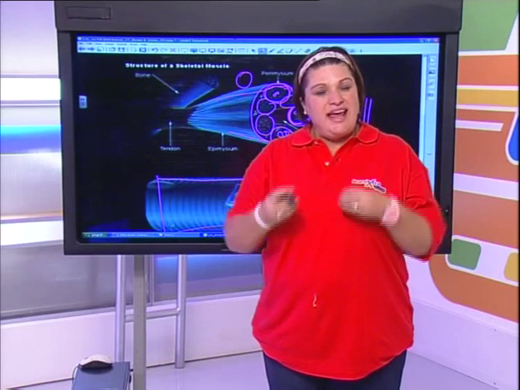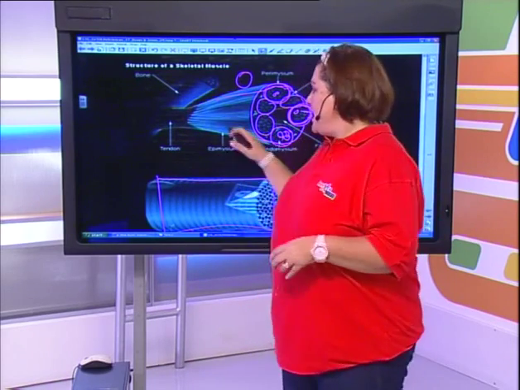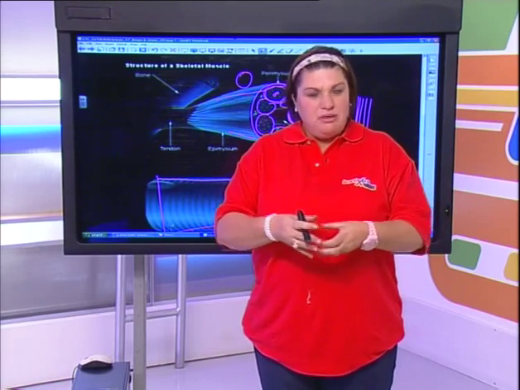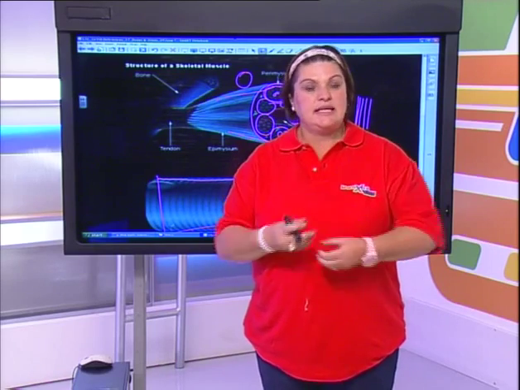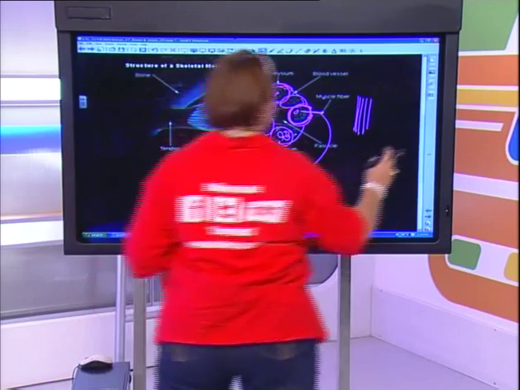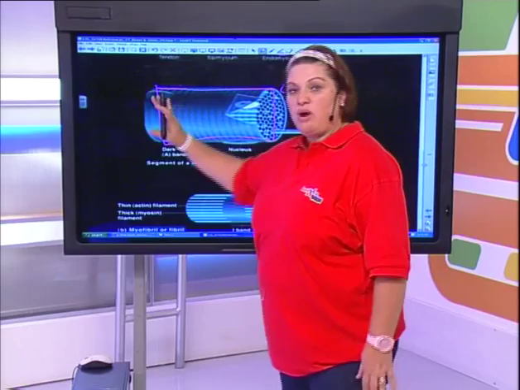So endo inside, peri almost on the outside, epi the large one on the outside. So it's again like bone. Your body needs to keep things in place, and it does that by fibrous tissue. Now if we have a look over here at my myofibril, it is one cell.